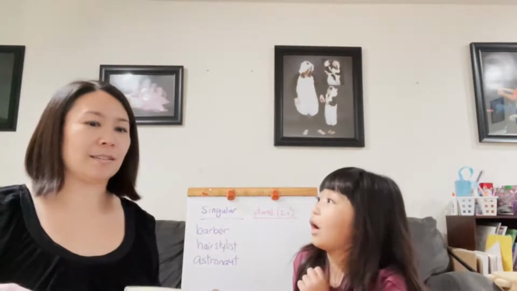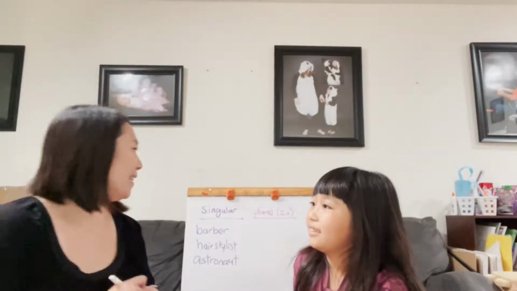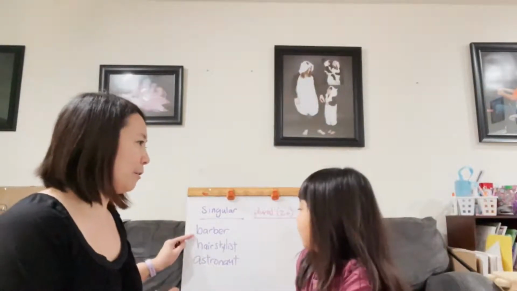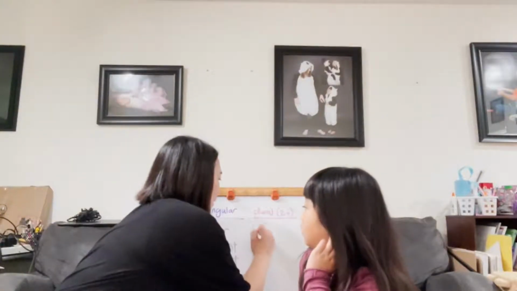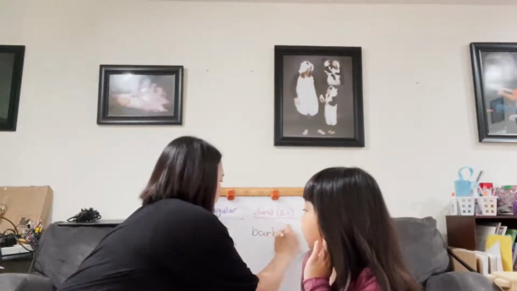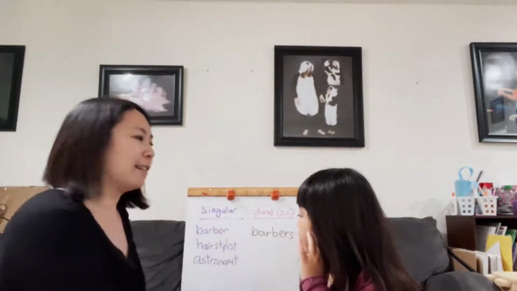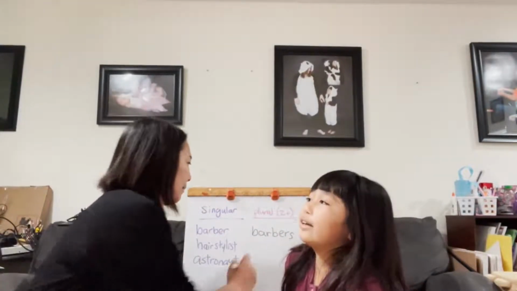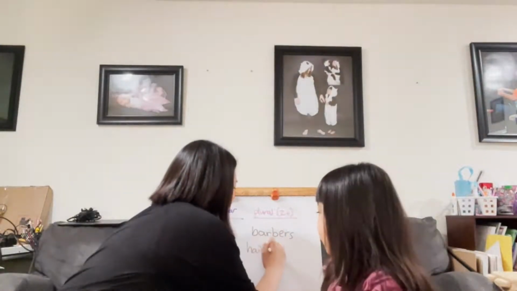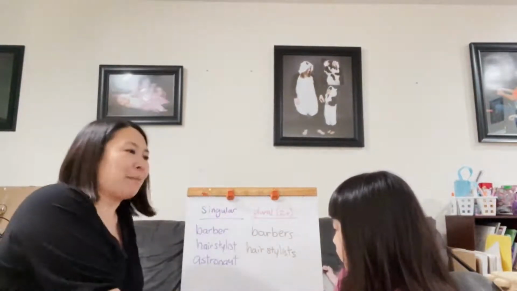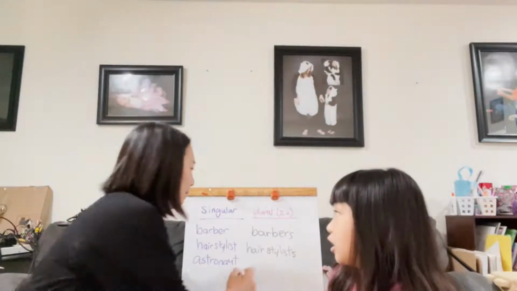Or ES or IES. Excellent job. All right, so barber would turn into? Barbers. All right, and then hairstylist? Will turn into hairstylists. It's kind of hard to say with an S. Okay, how about astronaut? Astronauts.